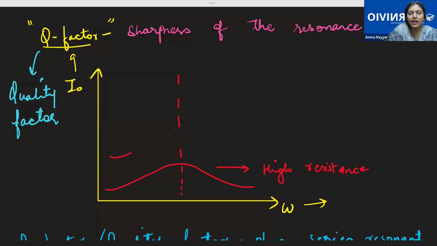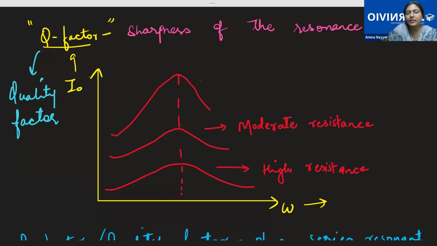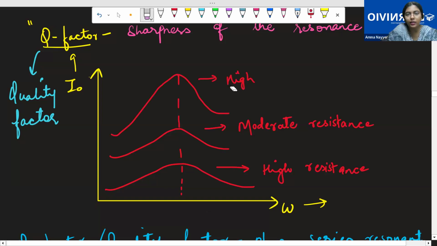If I plot a graph like this, that gives a moderate value because current is also moderate, so that gives a moderate resistance. And if we get a peak curve like this, it shows a high current, so sorry, not high resistance, this will be a low value of resistance.